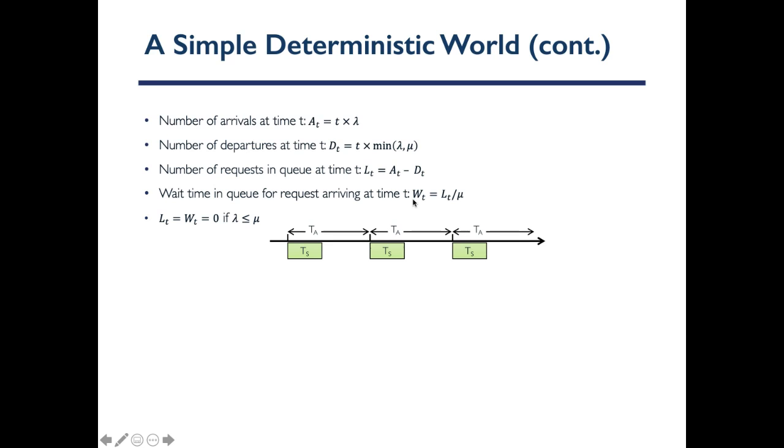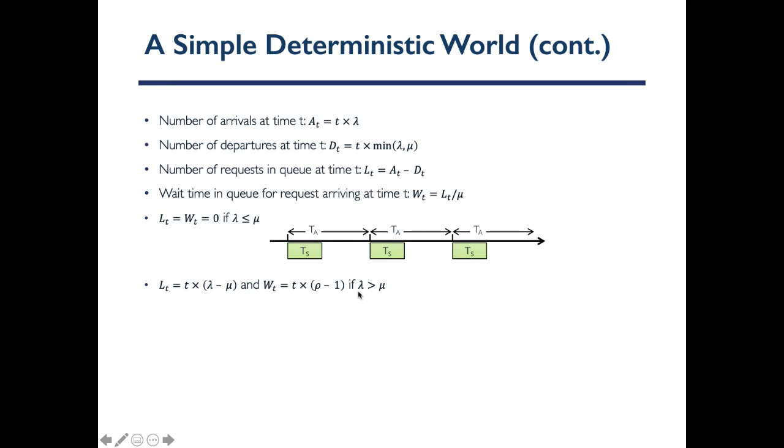That makes sense, right? If you get arrivals every 10 seconds and each one of them takes 2 seconds to be processed, then nobody's in the queue. The first arrival comes, spends TS, and then the system is empty. The second arrival comes, gets TS, the system is empty, and so on and so forth. So LT equals WT equals 0.